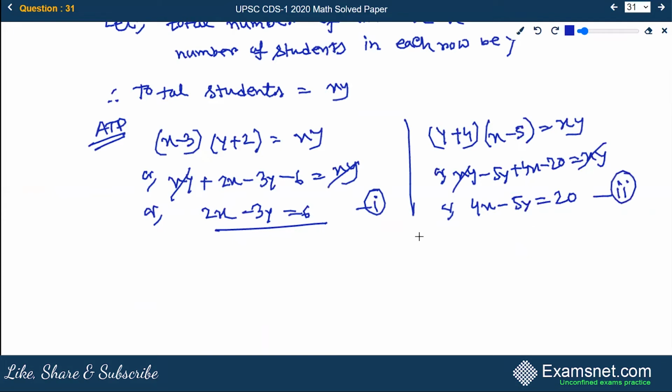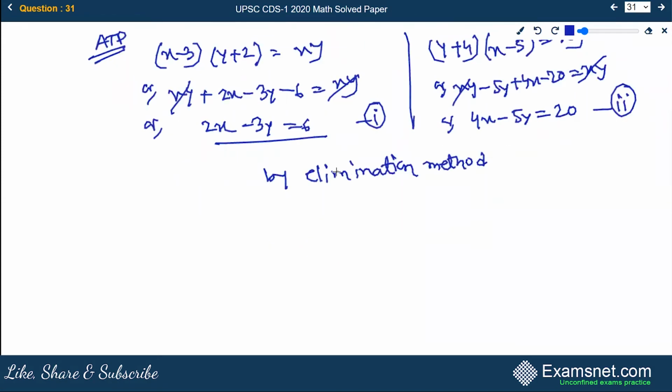Now we have to solve these two equations by the elimination method. What we will do is cancel x and get the value of y, or we can cancel y to get the value of x. To do so, let's multiply equation 1 with 2 and then subtract.